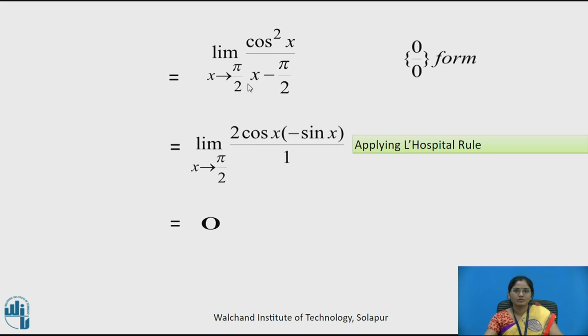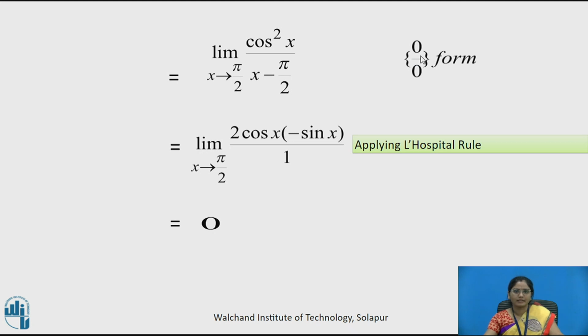Now students, substitute the limit in this. You will be getting cos of pi by 2, and we know that cos pi by 2 is always 0.